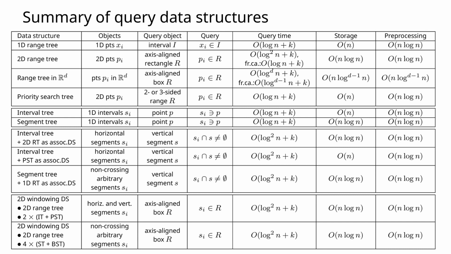And if you now want to build your own data structure, it's useful to look at, okay, what are my objects, what's the query that I want to achieve, and then you can piece these things together to get your query time, storage requirements, pre-processing.